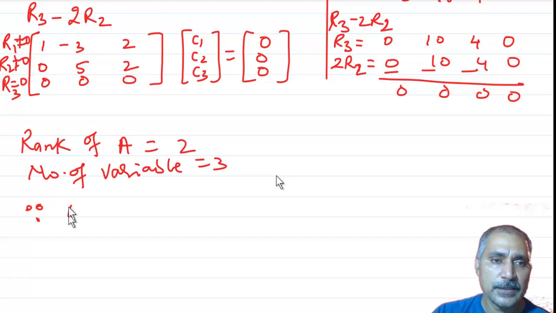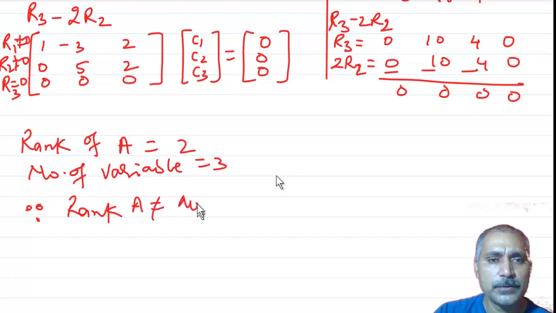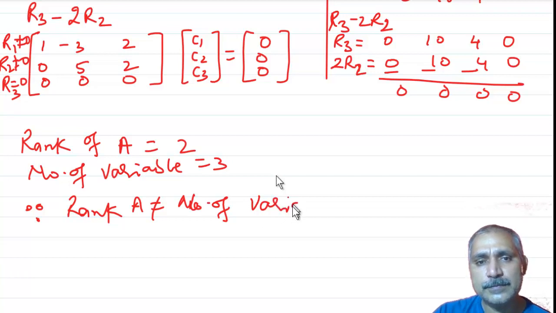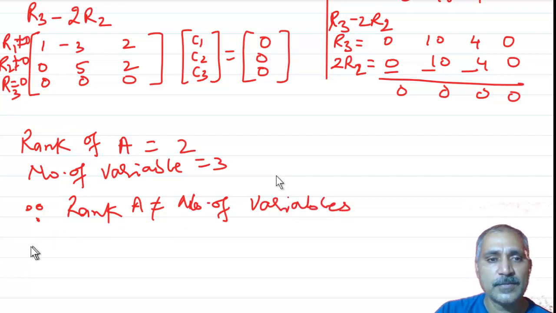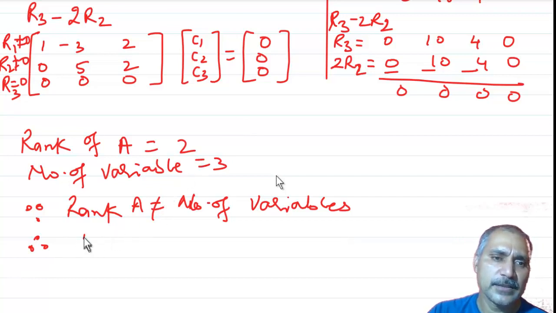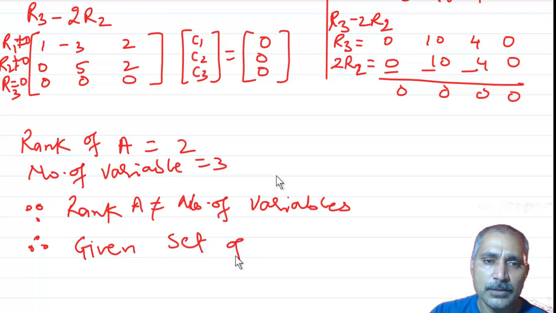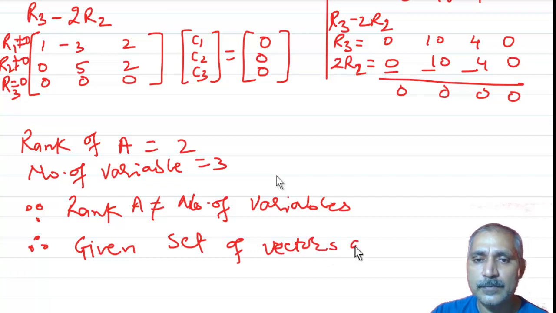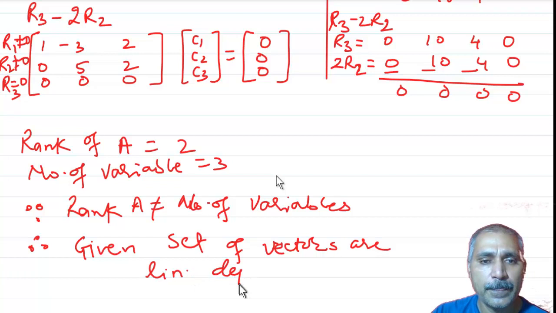Since rank of A is not equal to the number of variables, therefore the given set of vectors are linearly dependent.